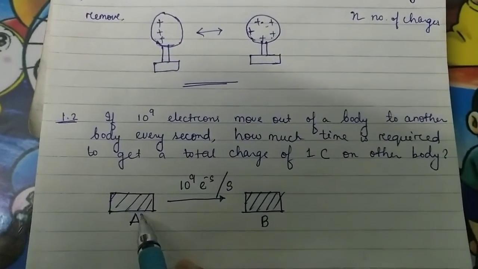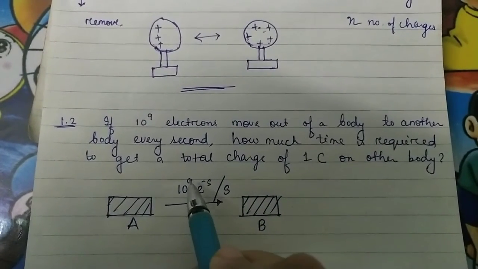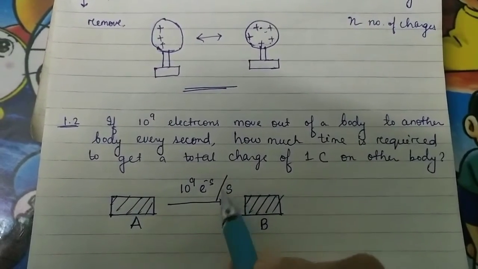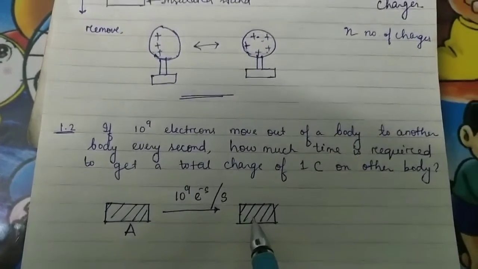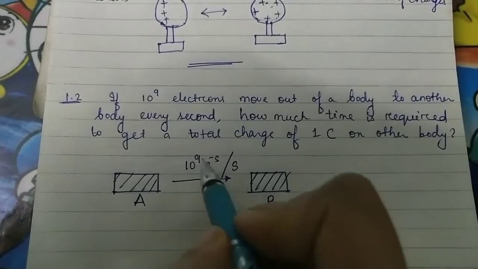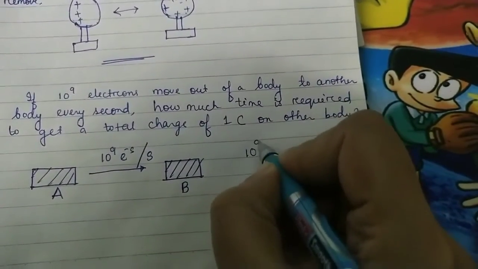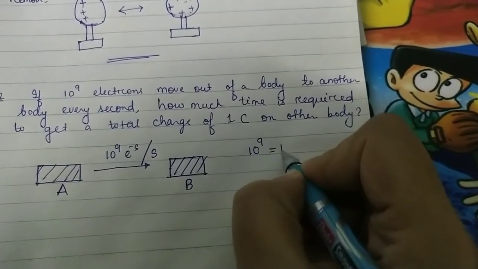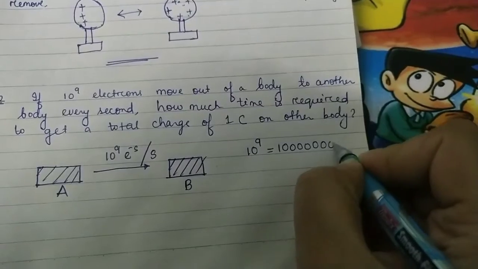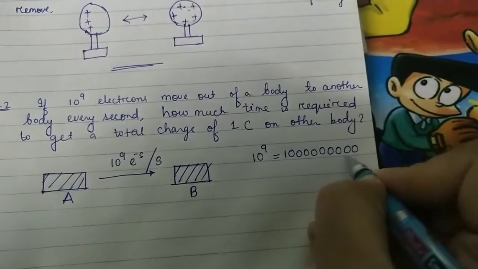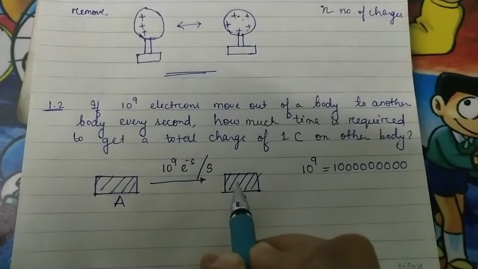So we have two bodies, A and B. From this question, 10 to the power 9 electrons per second are moving out from body A to body B. That means in 1 second, 10 to the power 9 electrons, which is a very big number: 1 then 9 zeros. 1, 2, 3, 4, 5, 6, 7, 8, 9. This many electrons are moving from body A to body B.